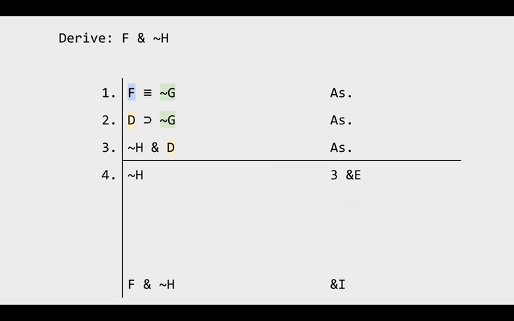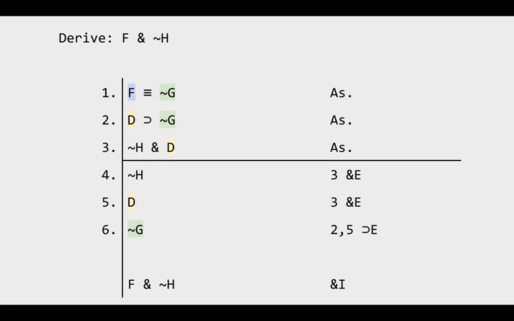So I think I need to take out the D from line 3 using ampersand elimination and then use that to get the not G. So now look carefully. You can see lines 2 and 5, those are just the ingredients for conditional elimination. This is your bread and butter. Conditional elimination will be all over the place. So there it is, 2 the conditional, 5 the antecedent, and 6 the consequent.